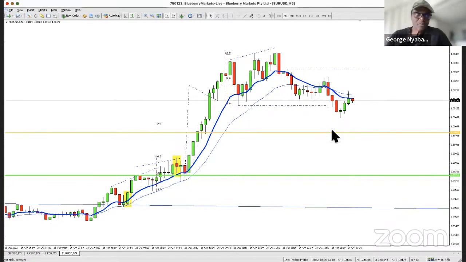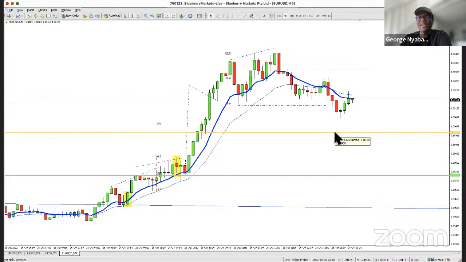Now, let's talk about that level of support for just a few seconds. I tried to see if it would highlight, but it's not highlighting. Anyway, there you go. That level, just having a look at the guys on YouTube, can see that that level is a big round number. It's 1.